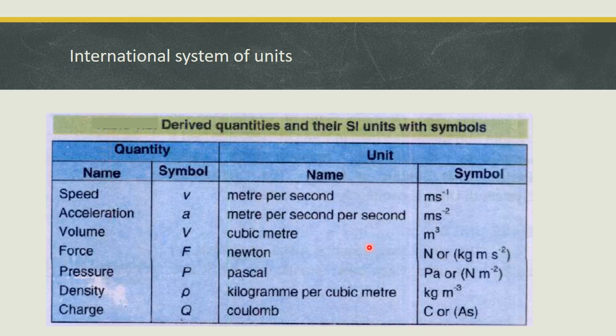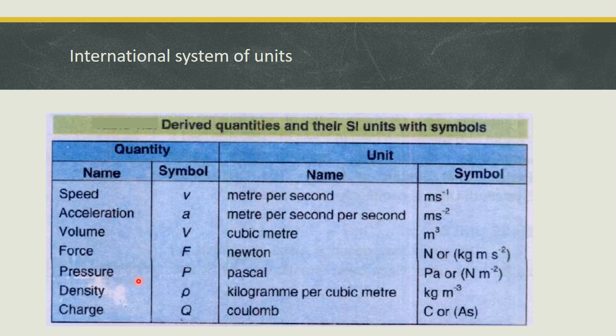Volume has a unit meter cubed, force has a unit Newton, and this Newton comes from kilogram meter per second squared. It means mass, length and time squared. So mass, length and time are the base quantities used in this derived quantity, which is force.